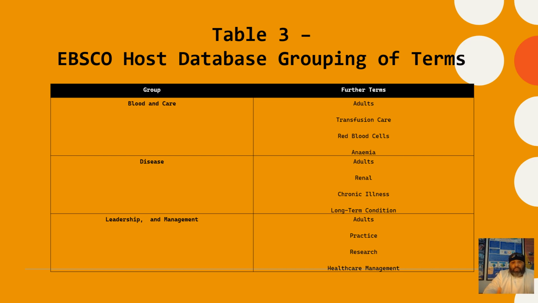For example, with disease, there'll be adults, chronic illnesses, long-term conditions, and renal disease or kidney disease would have been part of this as well. And then in leadership and management, there would be those again in relating to practice, research, healthcare management, and again in relating to any publications relating to the adult population.